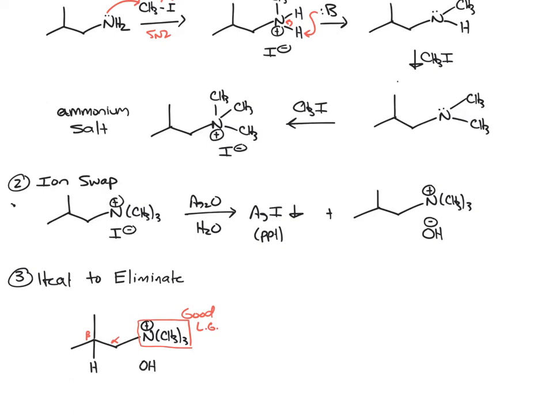We also have the hydroxide paired up with it. Remember from Organic 1, heat favors elimination. So by heating this up, the hydroxide will act as a base, grab the beta hydrogen, and eliminate. There's the alkene product, plus water, and trimethylamine.